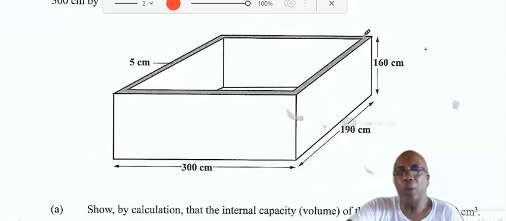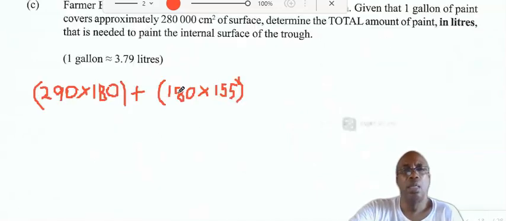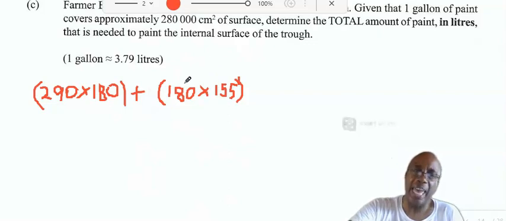So the area would be 190 minus 10 is 180 times 160 minus 5, 155 centimeters. So it's 180 times 155. So the area of one side is 180 times 155, but the opposite side is the same area. So we need to multiply by 2.